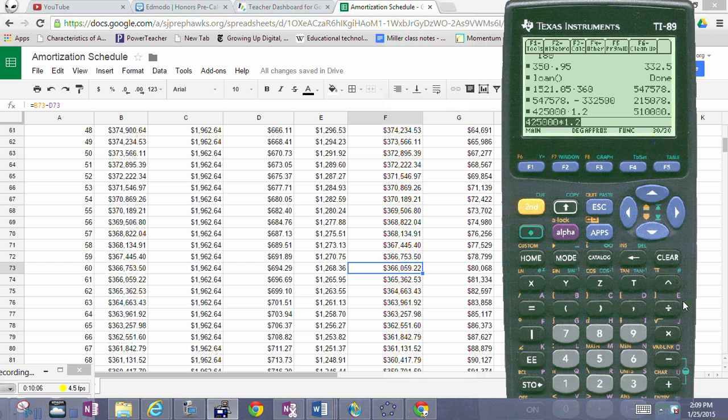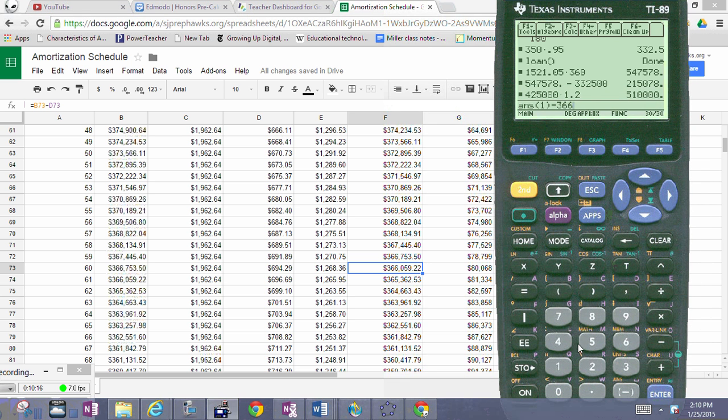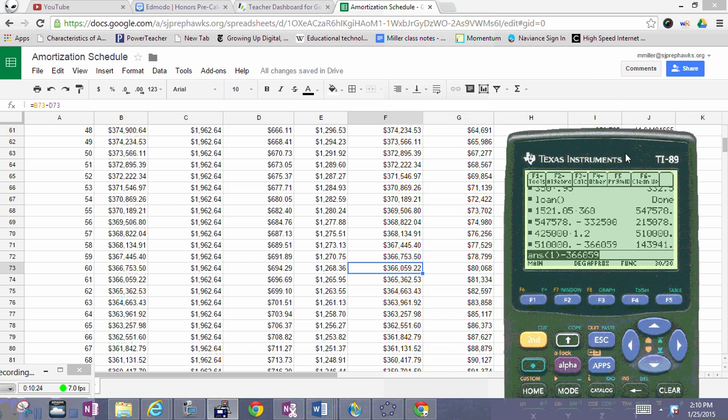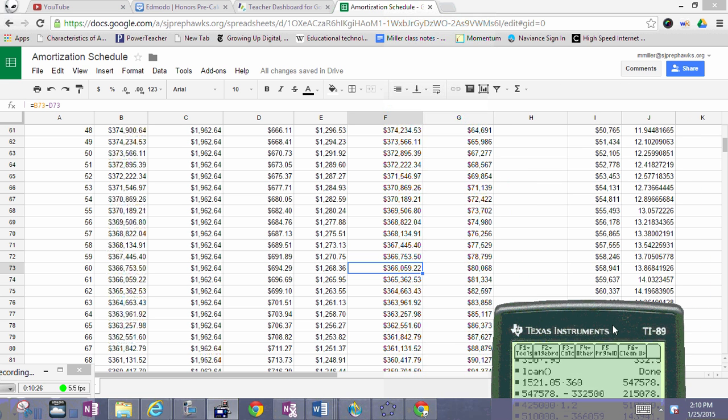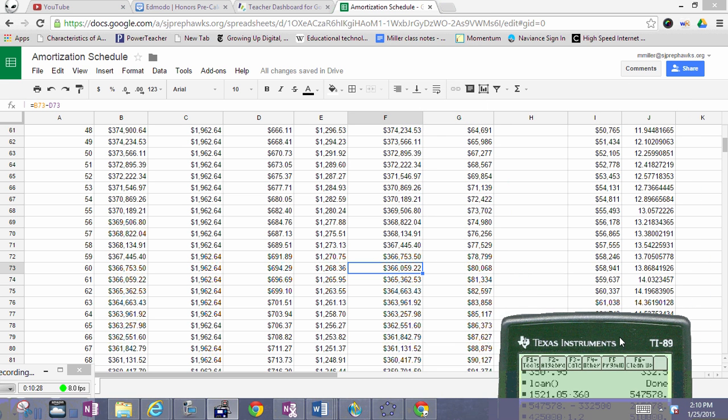So you've got that quantity less this 366,059. So you potentially could make 143,000. Of course, that's barring any other kind of expenses. That's at best what you might hope to earn.